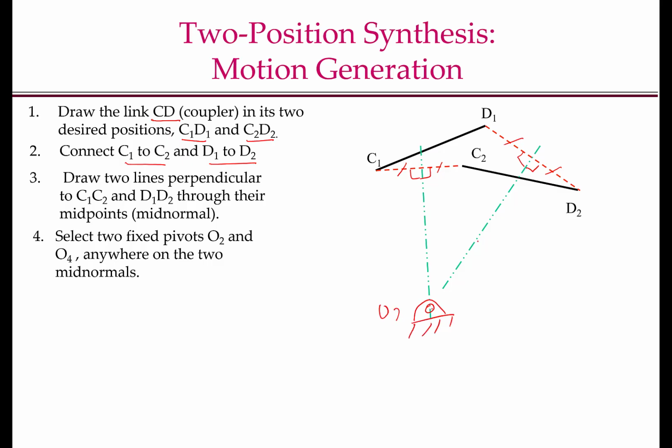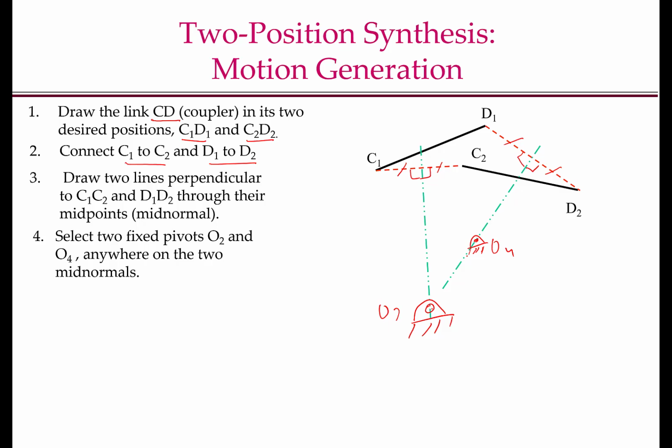And any point on the perpendicular bisector of D1, D2 can be chosen as the fixed pivot O4. Why is this true? Because, as we have stated before, the moving pivot C always moves on a circle with the center at a fixed pivot.